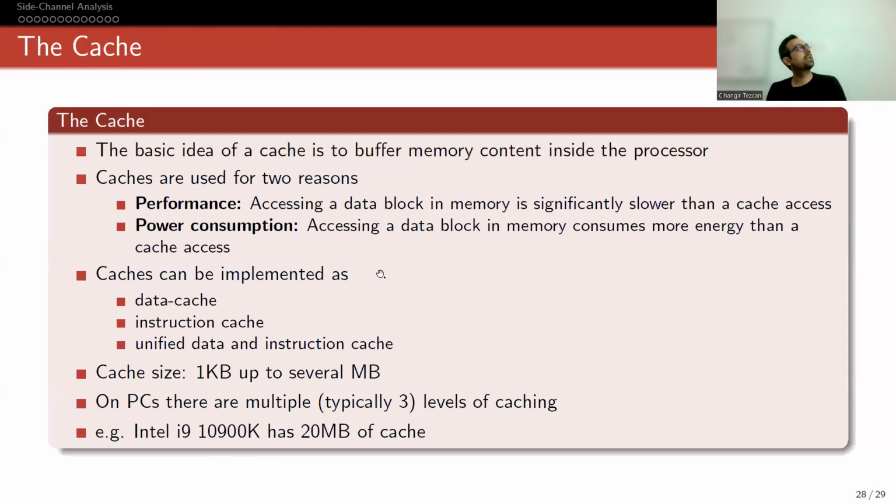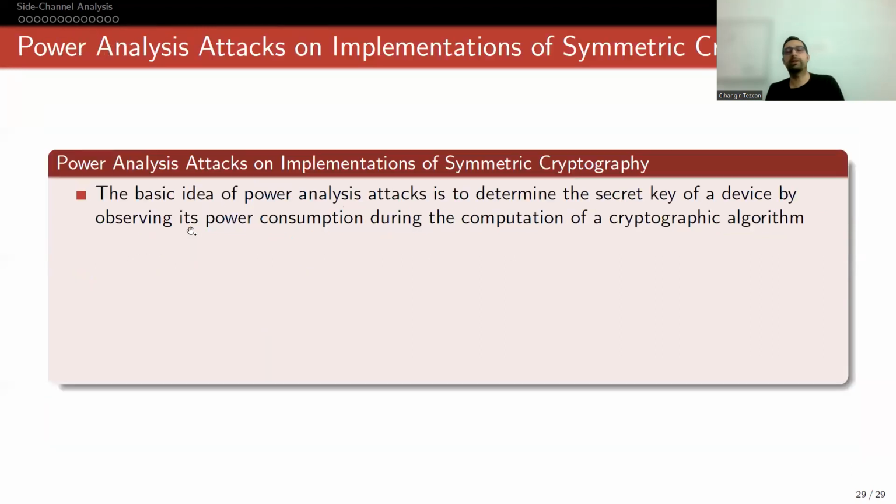So at this point, as you can see, these are two good things that the cache provides us, because it consumes less power and provides faster speed. But now I can perform a timing attack here and a power analysis here. So caches are problems, or sometimes might be good for the attacker to exploit.